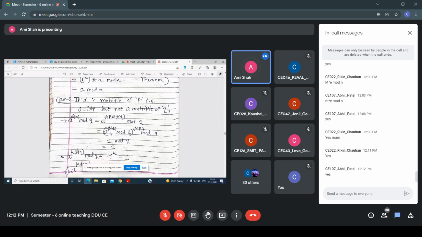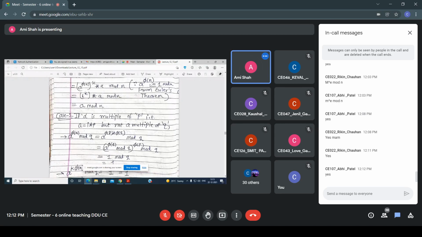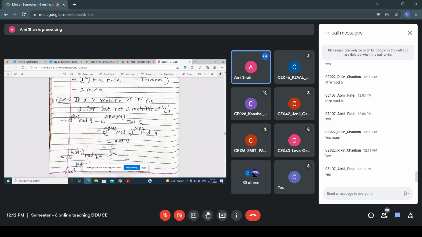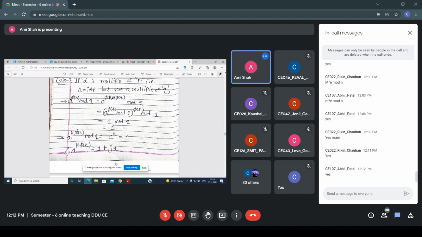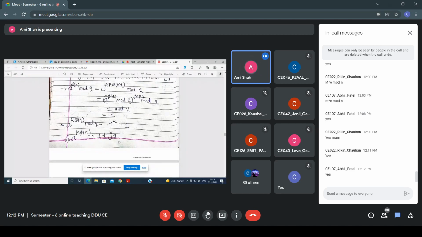If a and q are relatively prime, or co-prime, then you can apply Euler's theorem, and according to Euler's theorem, instead of this I can put the value 1. So a raised to k phi n mod q, instead of this I can put the value 1, and that's why I'm getting 1. And now why am I writing 1 plus zq?